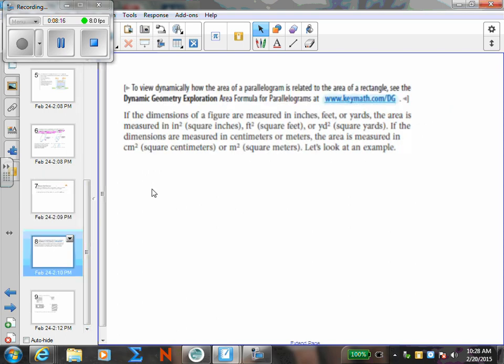If the dimensions of a figure are measured in inches, feet, or yards, the area is measured in inches squared, feet squared, or yards squared. If the dimensions are measured in centimeters or meters, the area is measured in centimeters squared or meters squared.